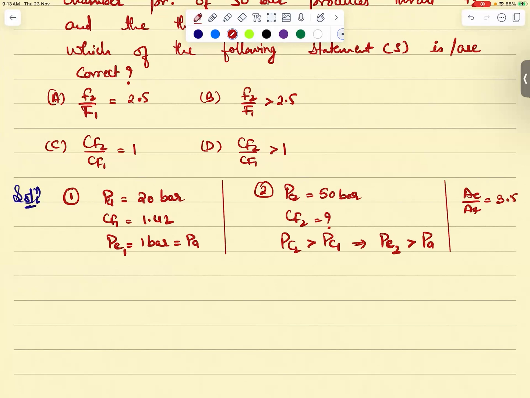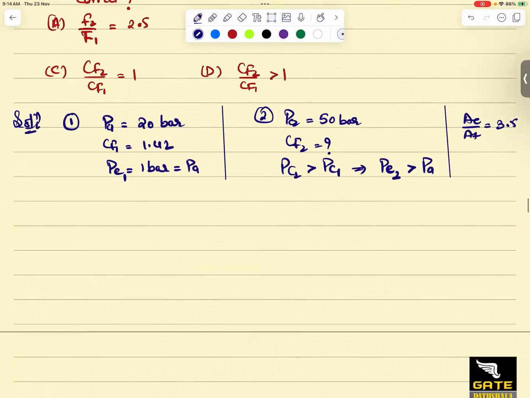So this is fixed for both the cases. For condition 1, it is optimum expansion. When your chamber pressure is 20 bar, you have optimum expansion, PE equals PA.